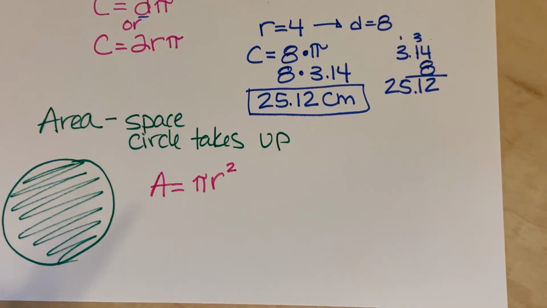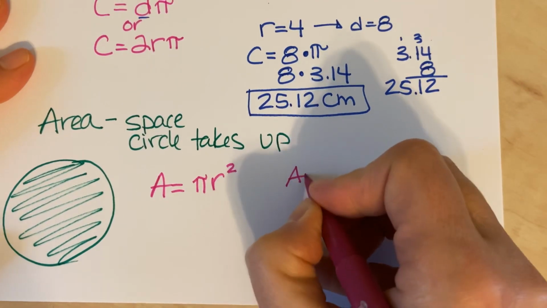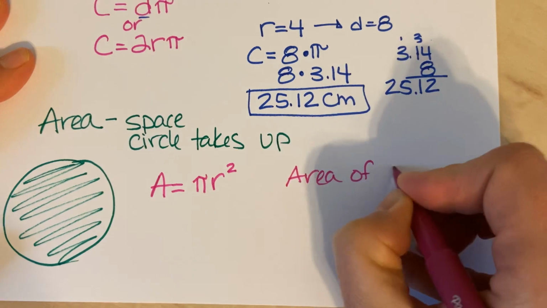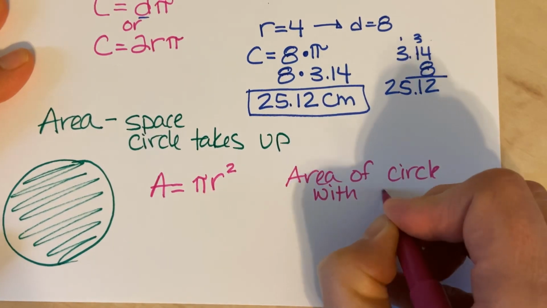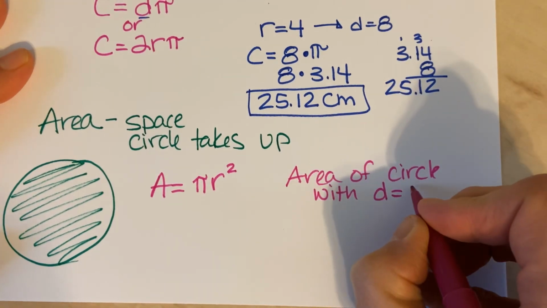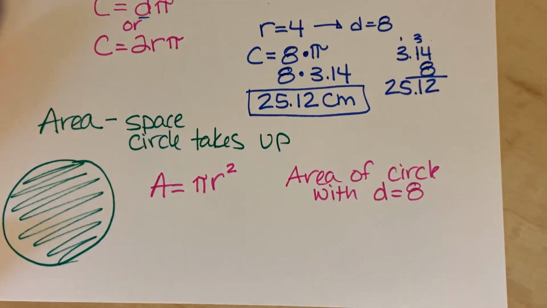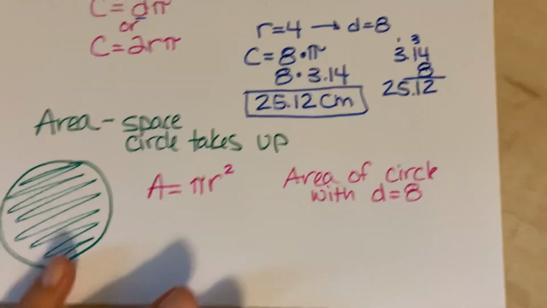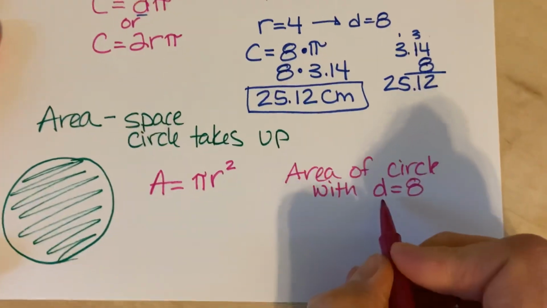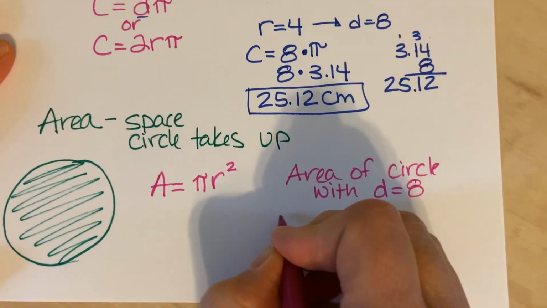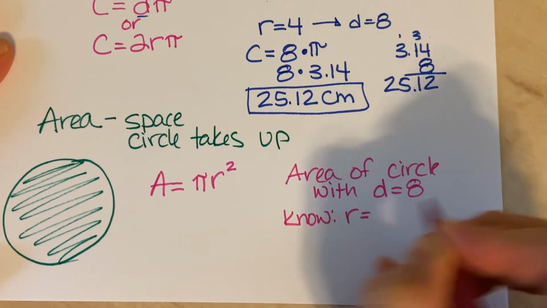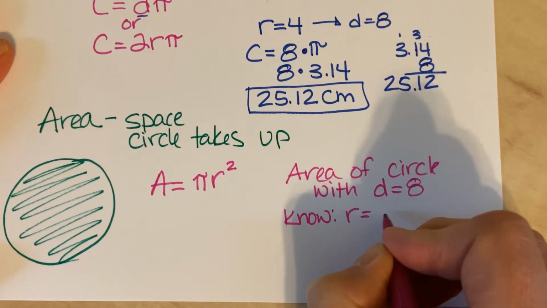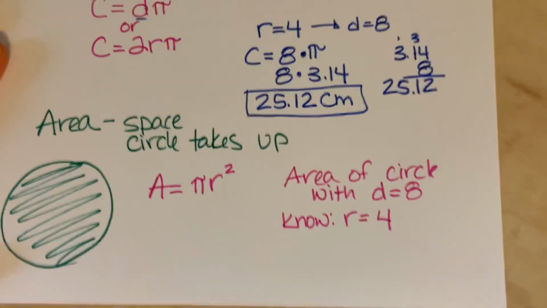So let's say I want to know the area of a circle with a diameter of, let's say, 8, okay? So I like the number 8 today. Okay, so if the diameter is 8, I need to know the radius, which is half of 8, which would be 4, okay?